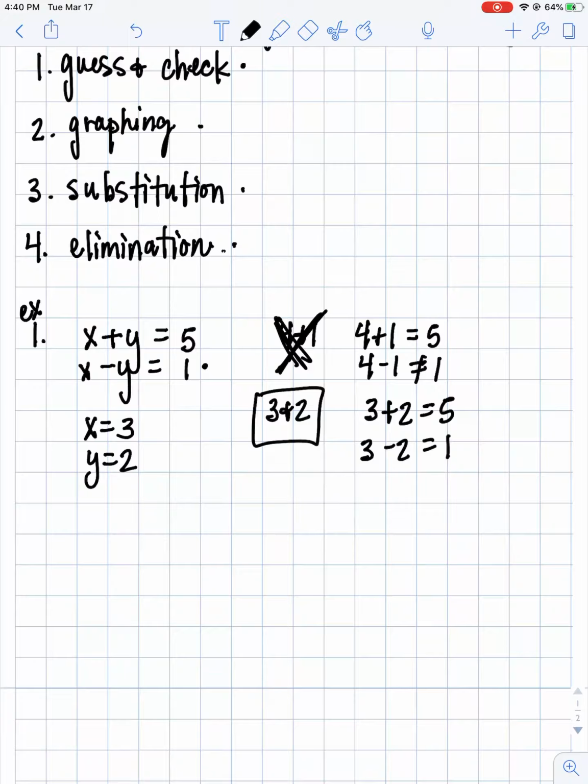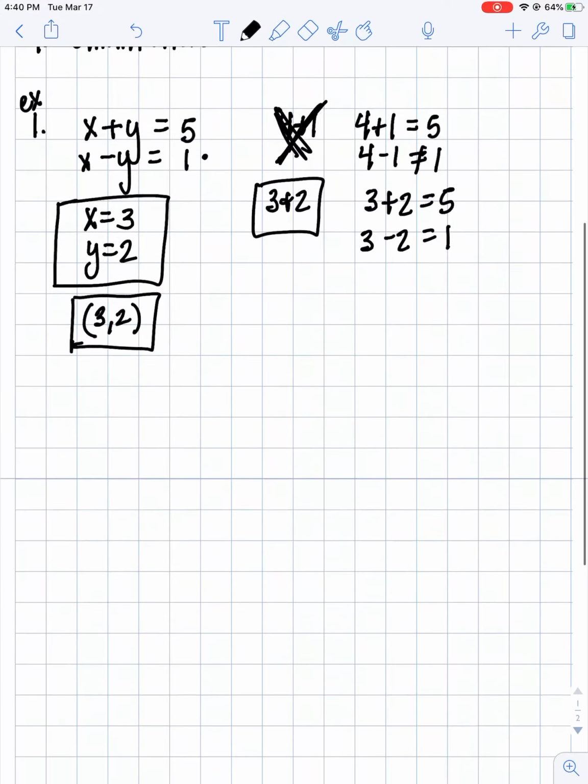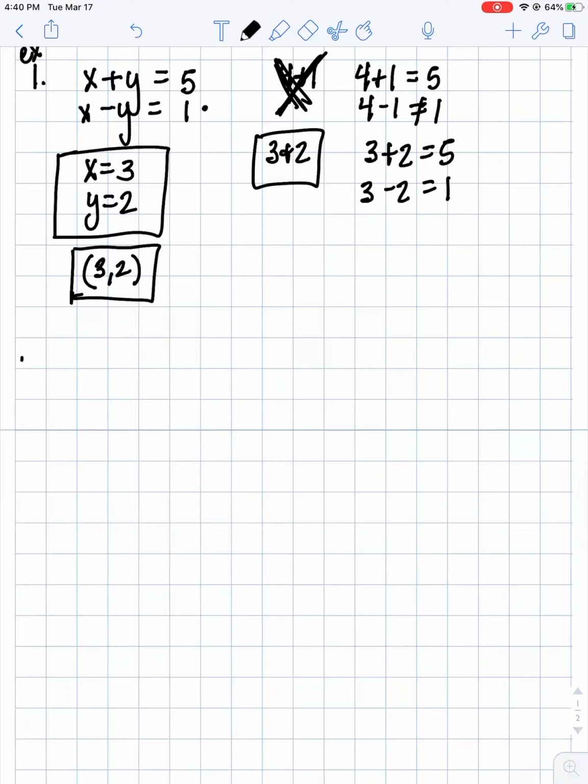Why? 3 plus 2 is 5, and 3 minus 2 equals 1. So your answer would be 3 is x and y is 2. A lot of times my math lab and math teachers will ask you to write your answer as an ordered pair. So your ordered pair would be 3, 2. Okay? X is 3, y is 2. So that's an example of guess and check. Okay? That's all we're going to do with guess and check.